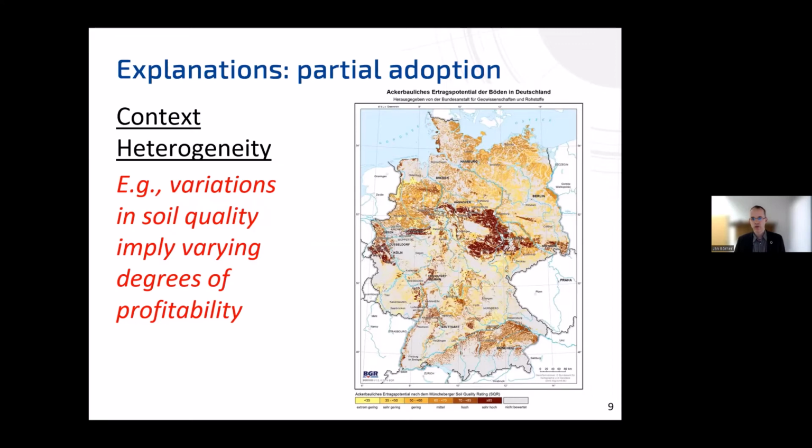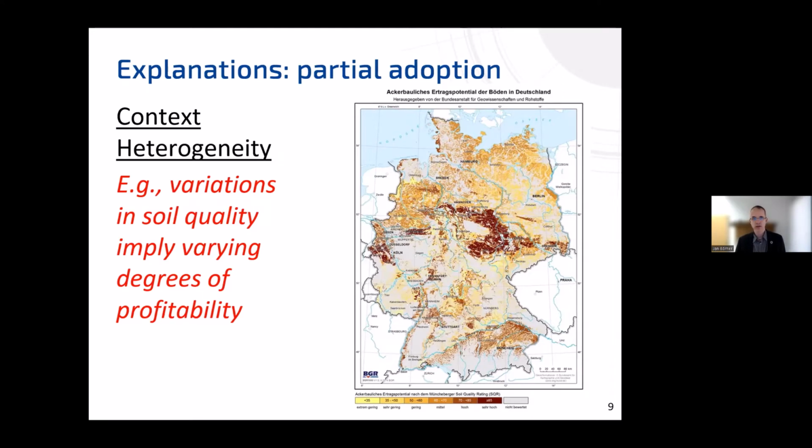If you then look at a certain technology and how it gets adopted across Germany, you might see that it only gets adopted on the very productive soils or the not so productive soils, depending on the type of technology. That might have to do with the fact that soil quality variations imply variations in the degree of profitability of that particular technology.